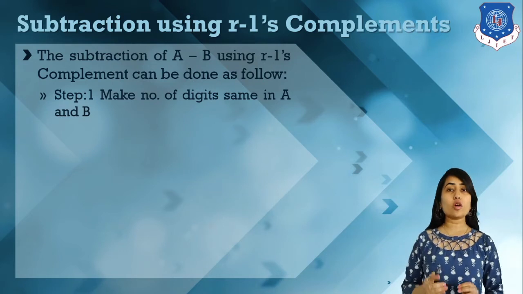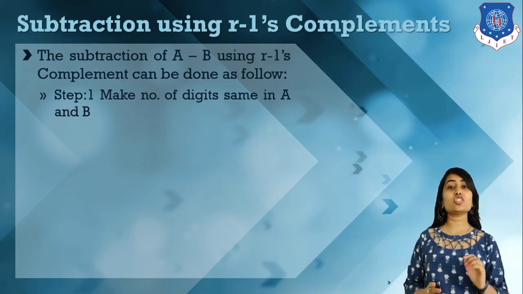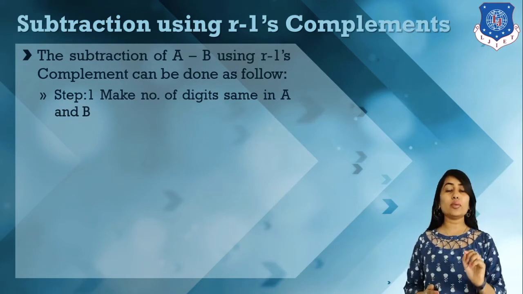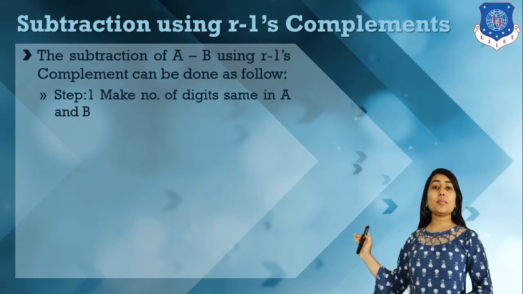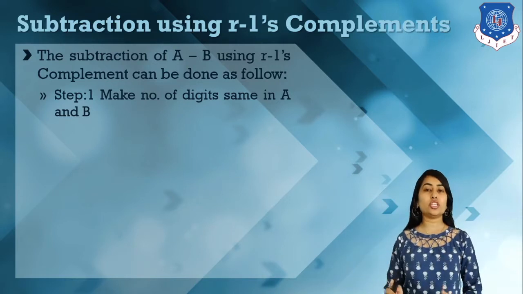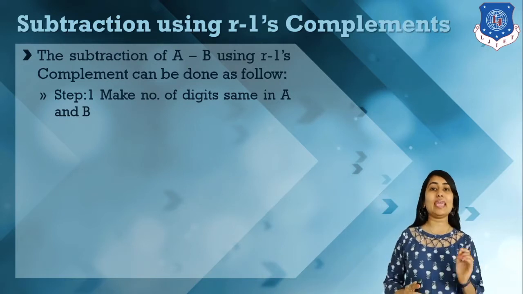To perform subtraction a minus b using r minus 1's complement, step number 1: make the number of digits the same in both numbers a and b.